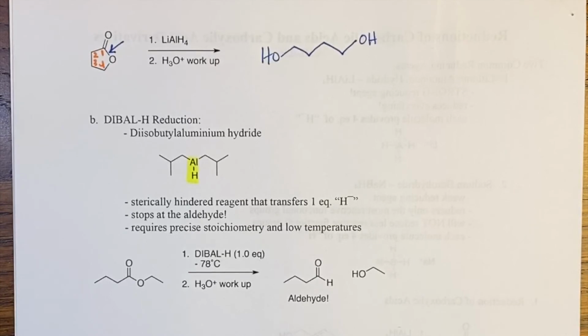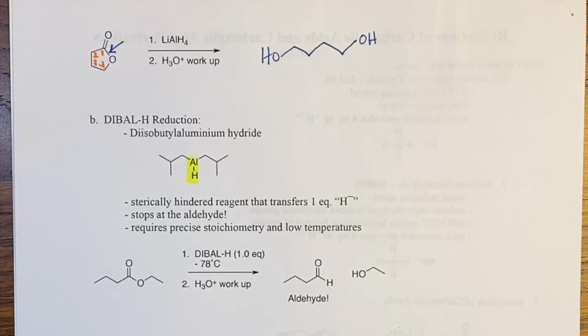What makes this reaction unique and important is that this reduction will stop at the aldehyde. The treatment of an ester with lithium aluminum hydride never stops at the aldehyde. It always goes all the way to the primary alcohol.